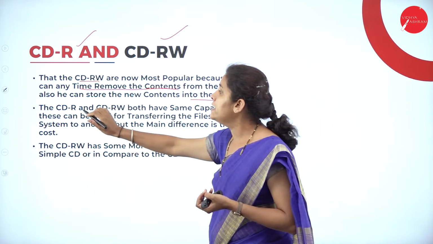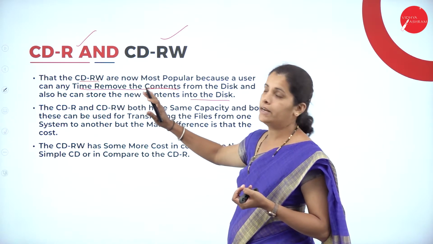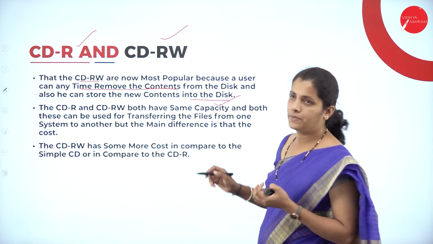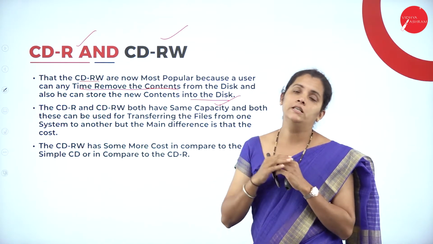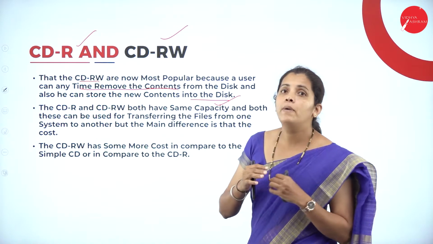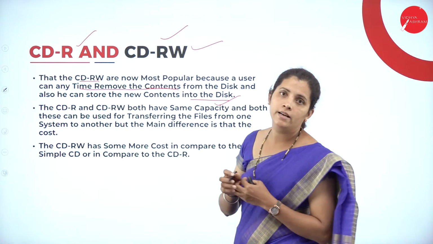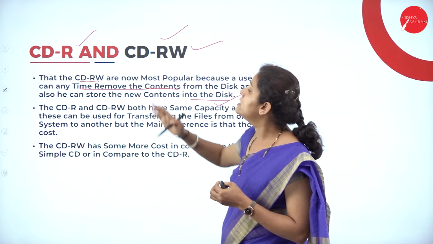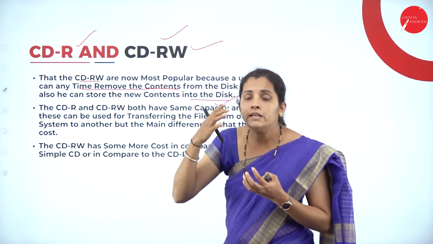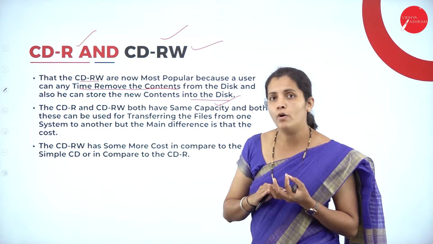So, CD-R and CD read-writable both have the same capacity. That means both the disks come with the same storage capacity, but the most famous is CD read-write, because in CD-R, once the user writes something on the disk, it cannot be modified.